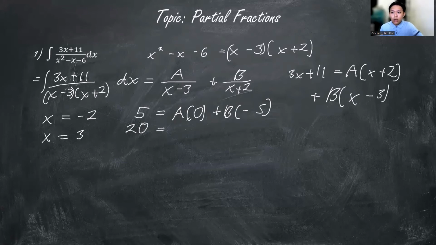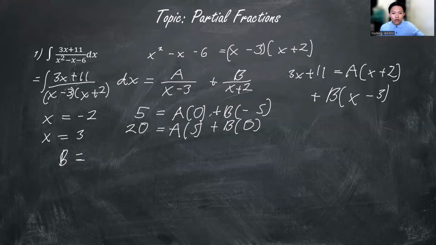3 plus 2 equals 5, plus b times 0 as 3 minus 3. Now, using this, we can find the value of a and b.